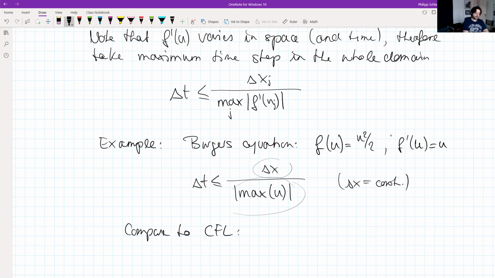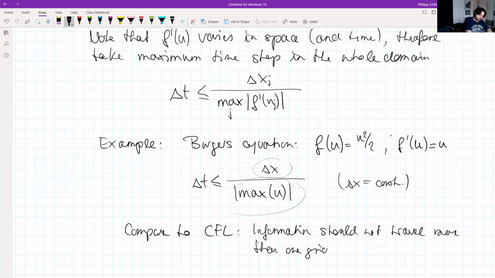The time step should be such that I'm not traveling more than one grid point. So compared to CFL, the information should not travel more than one grid point. That's essentially what comes out here.